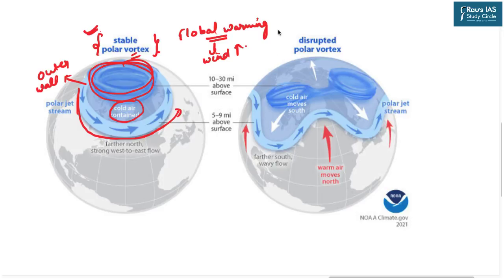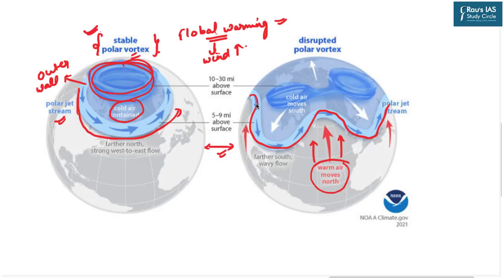Because of global warming, the warm air is moving towards the pole. The temperature of the higher latitudes is rising. And this warm air disrupts these polar jet streams, and these polar jet streams form the meander as shown in this diagram. Now, if you compare these two diagrams, in the earlier diagram the cold wind was restricted to this region only.